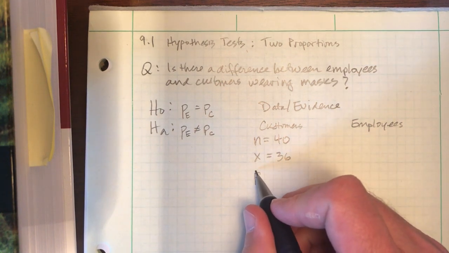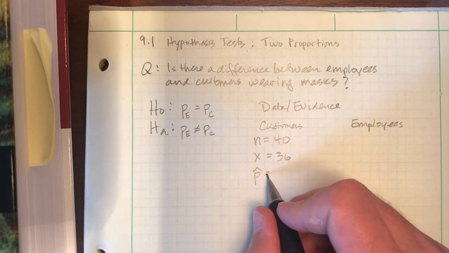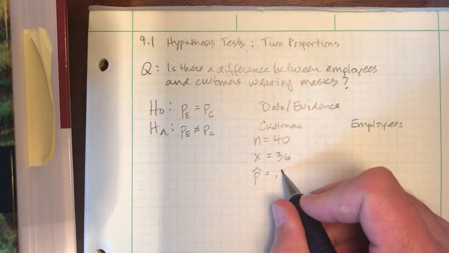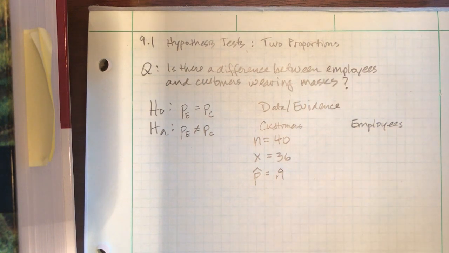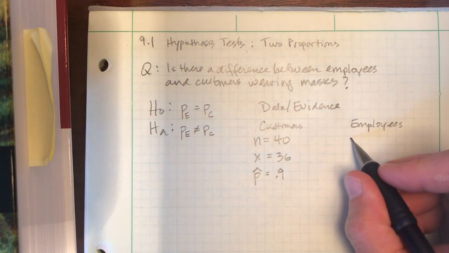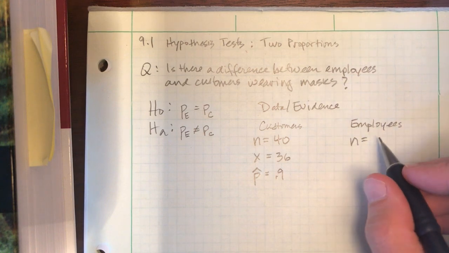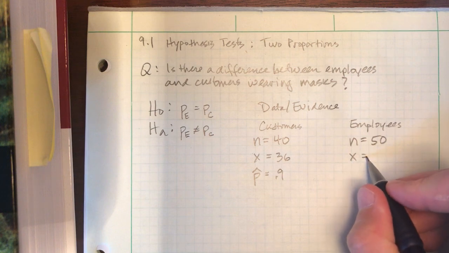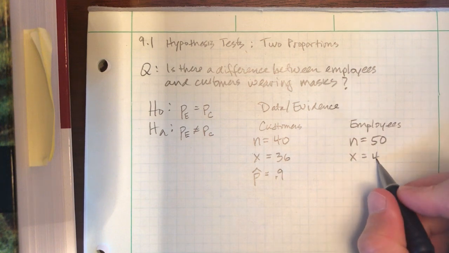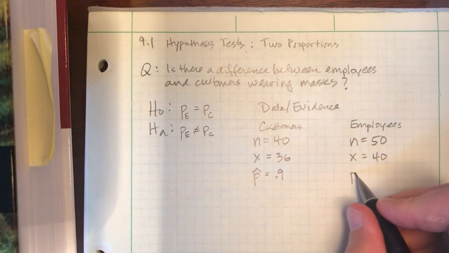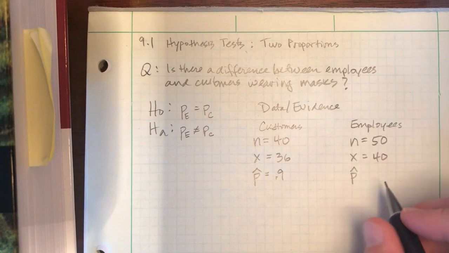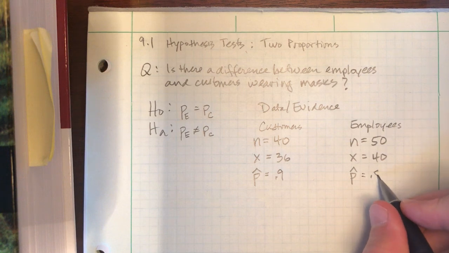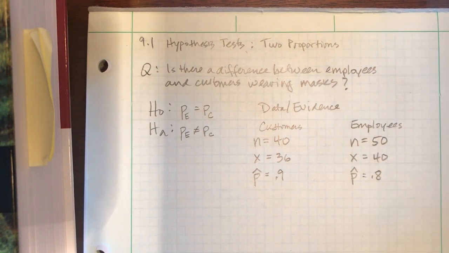And so we need a sample proportion that were wearing masks. If you divide 36 by 40, you'll get 90% or 0.9. Employees, let's say there were 50 employees observed, and of them 40 were wearing masks. The sample proportion for those employees, 40 divided by 50 is 80% or 0.8.